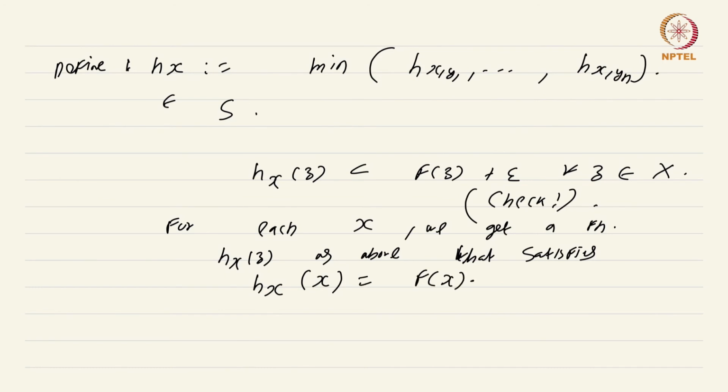Note that all of these functions satisfy h_{x,y_1}(x) is equal to f(x), dot dot dot, h_{x,y_n}(x) is also f(x). By taking the minimum, we are not doing anything, so we still have h_x(x) equal to f(x). Okay, and for each x we can find a function such that h_x(x) equal to f(x) and h_x is not too far above f(z).